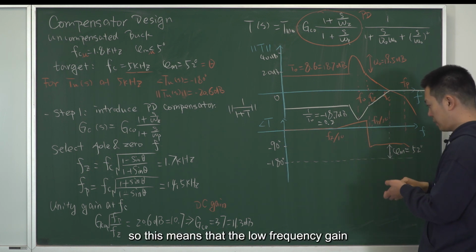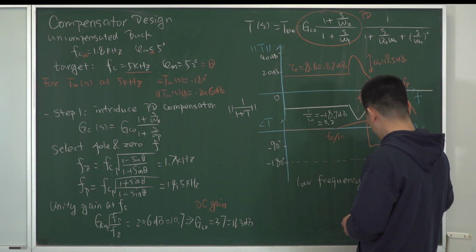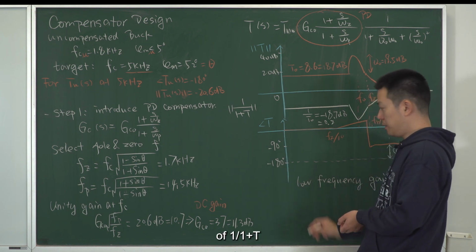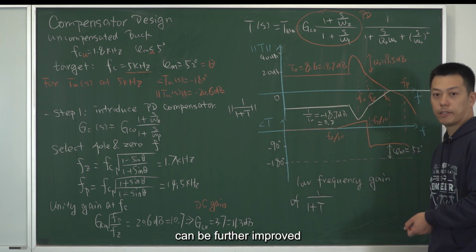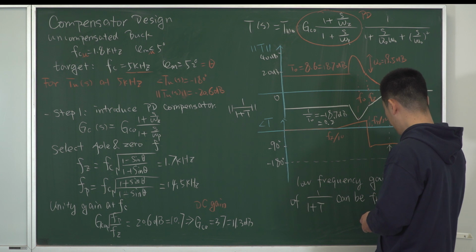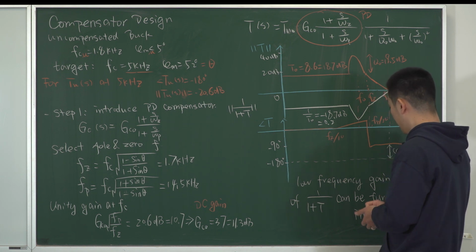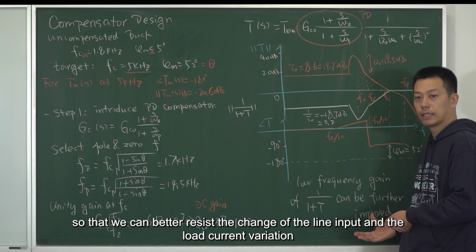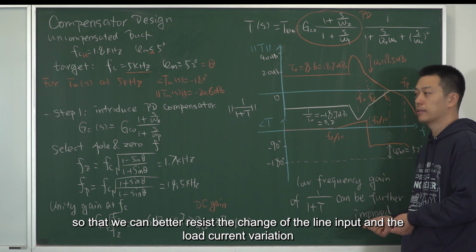So this means that the low frequency gain of 1 over 1 plus T can be further improved, so that we can better resist the change of the line input and the load current variation.